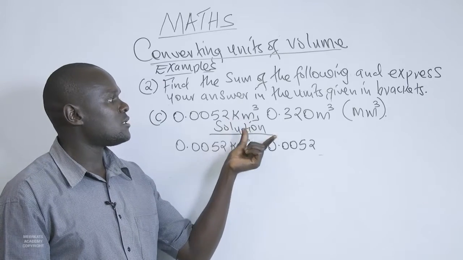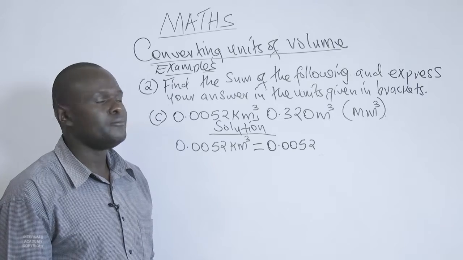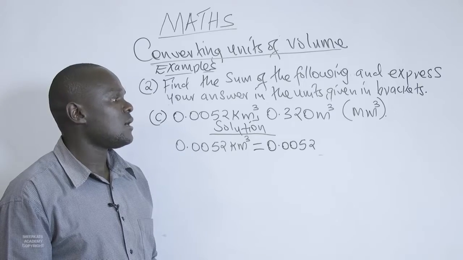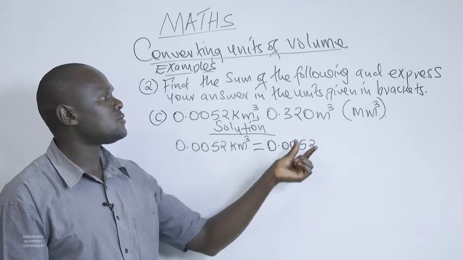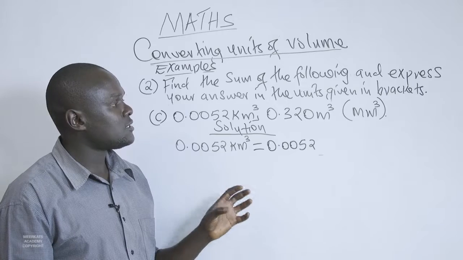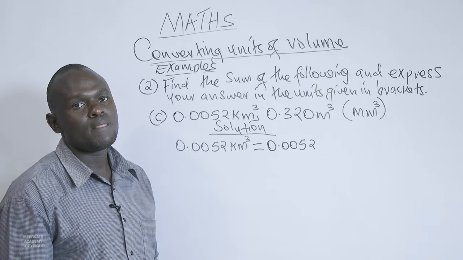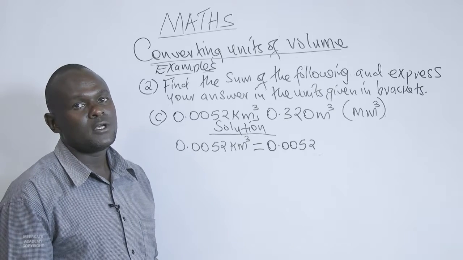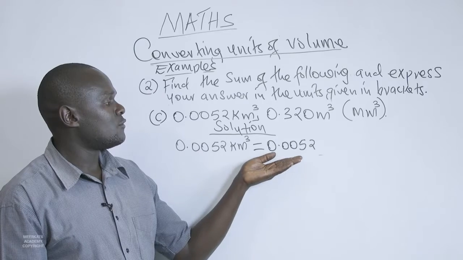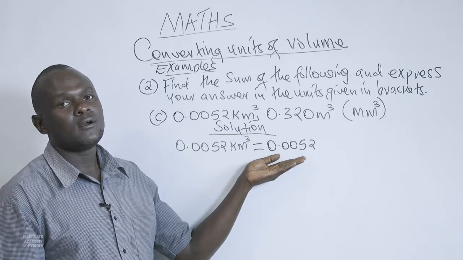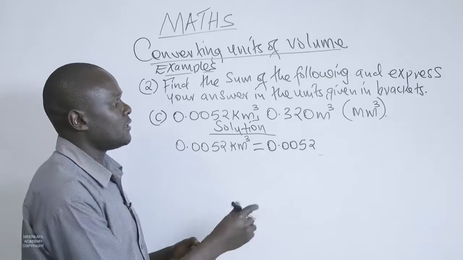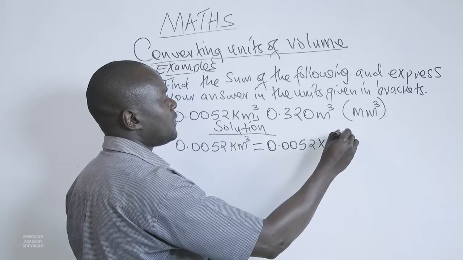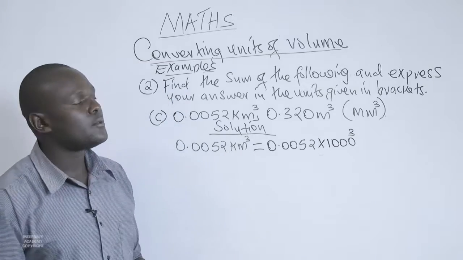From cubic kilometers to cubic meters, then from cubic meters to cubic centimeters, and lastly from cubic centimeters to cubic millimeters. So just the way we did in our last lesson, where we were converting the units of area, we were to convert this to cubic meters. We have agreed that we are going to multiply by a factor of 1,000 raised to power 3.